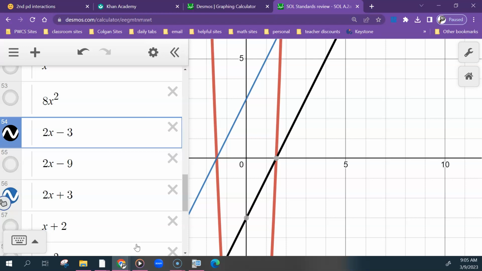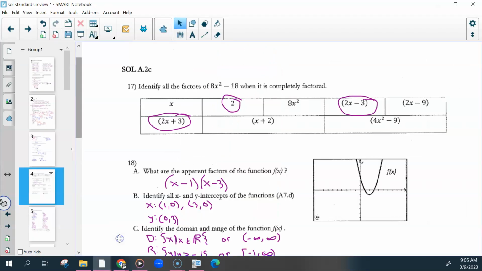So those two, 2x minus 3 and 2x plus 3, would be some of your answers. I say some because there's one that you wouldn't be able to do unless you did the work. When you get into factoring, we can divide these both by 2. That's why 2 is also an answer.